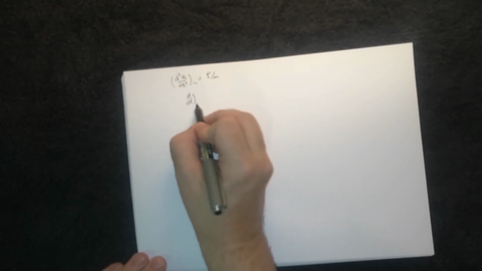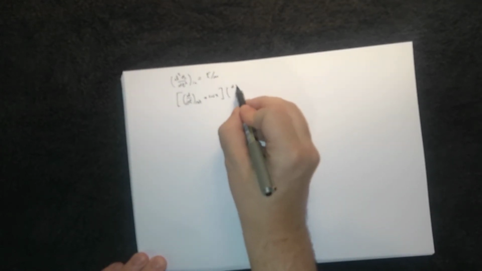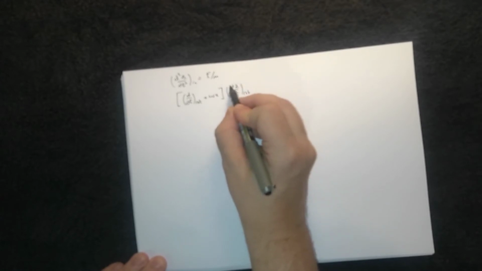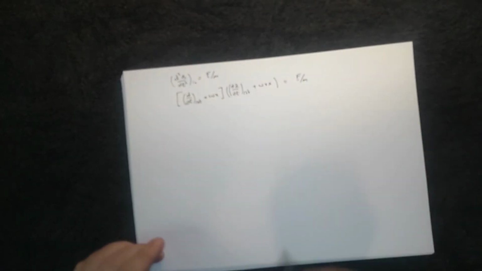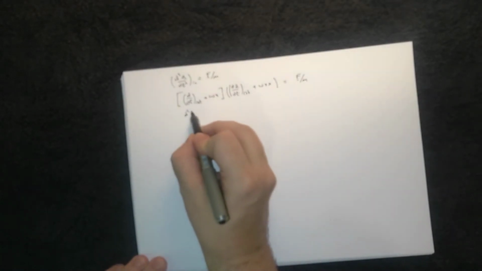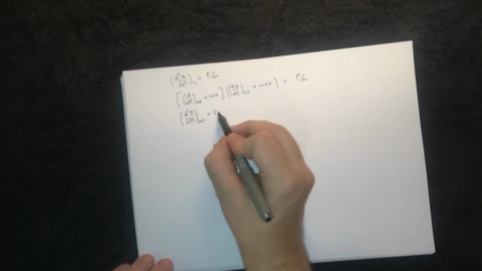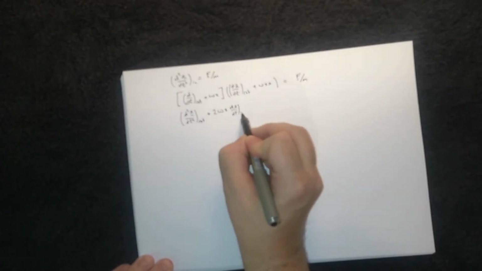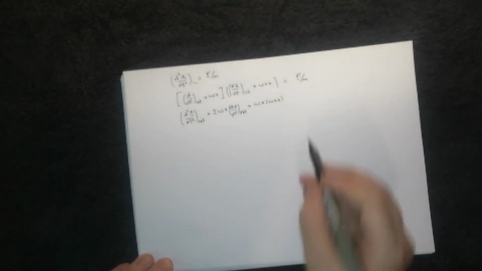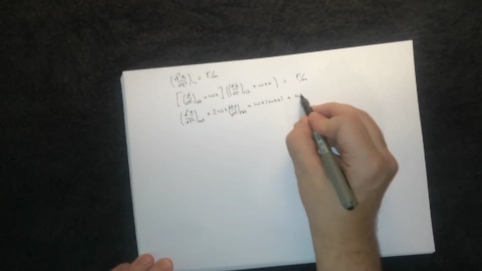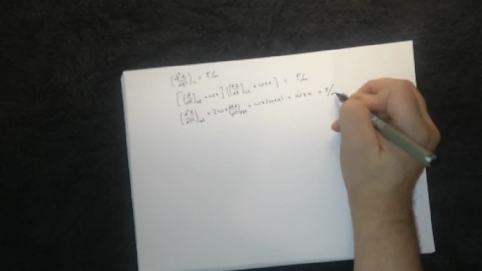That's d by dt in the rotating frame plus omega cross, dx by dt in the rotating frame plus omega cross x, and that's equal to the force over the mass, or d2x by dt squared in the rotating frame plus 2 omega cross dx by dt in the rotating frame plus omega cross omega cross x, and finally there's an extra term which isn't often written down, omega dot cross x, equals that.